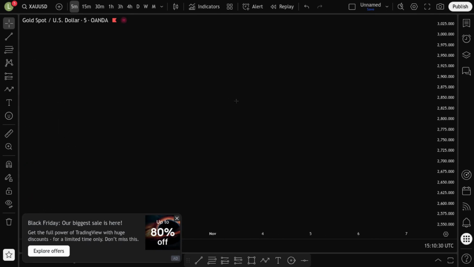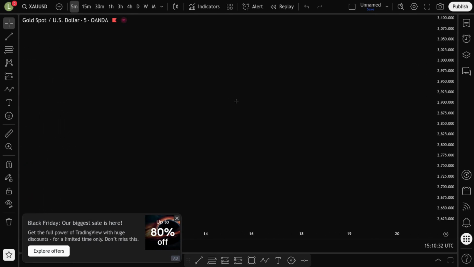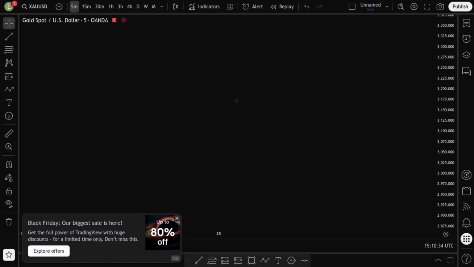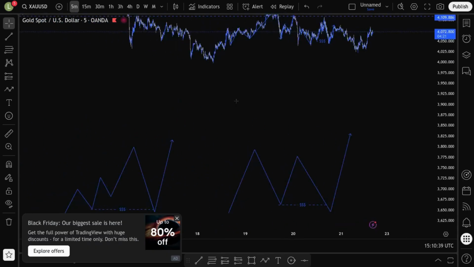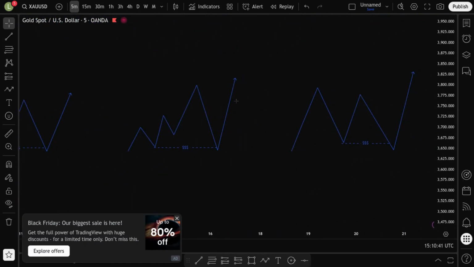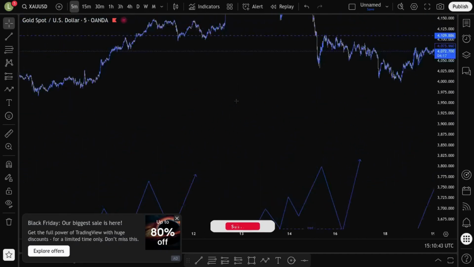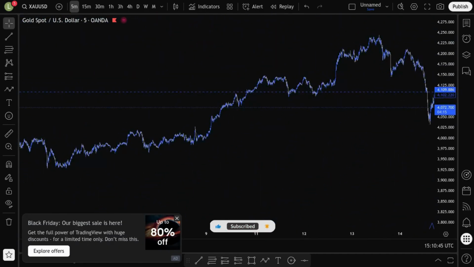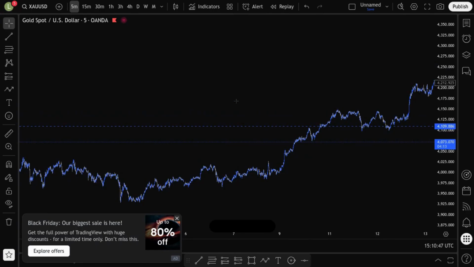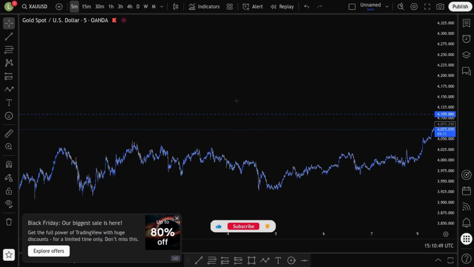After market structure, we look out for liquidity, that is inducement liquidity. After that, we look out for the inducement liquidity being taken out. Then we need to find entry and exit positions.